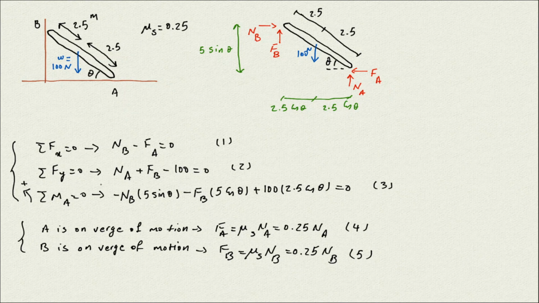If we use equations 1, 2, 4, and 5, these four equations give us NA equal to 94.118 Newton, and therefore FA would be 23.52, and NB comes out at 23.52, and FB would be 5.88.